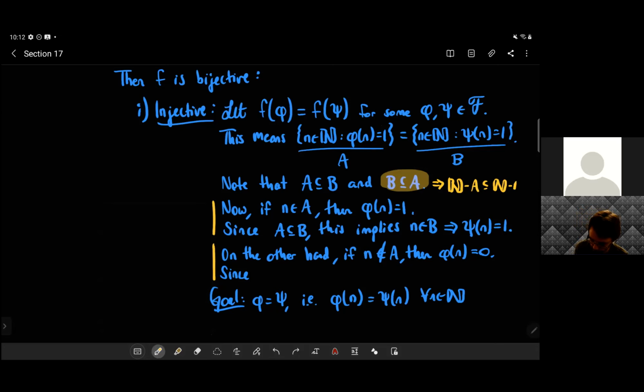I encourage you to do so. Okay, so if n is not in A, it has to be in N minus A, the complement of A. Well, that means it's in the complement of B.